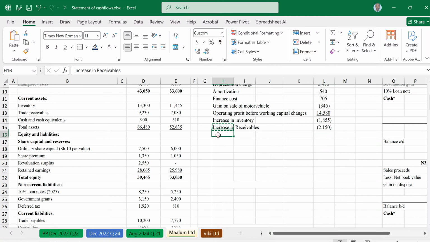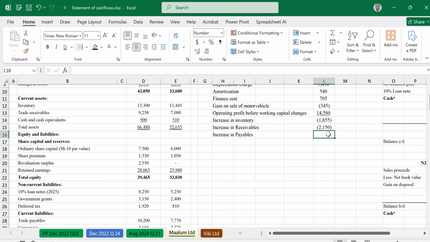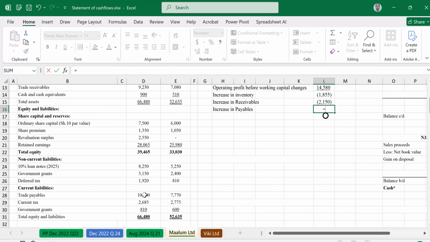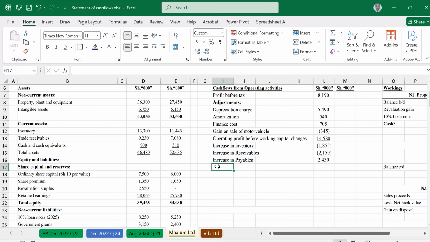So that is also an increase in payable. Increase in payables will now be used as an inflow. That is 10,200 minus 7770, giving us 2430, an inflow.